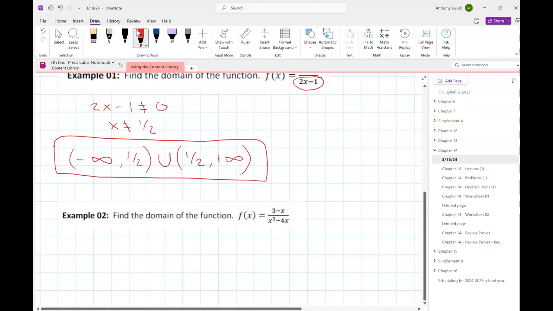If I want the domain of this rational function, what do I have to worry about? The denominator can't be 0.